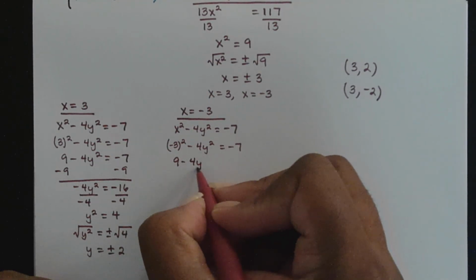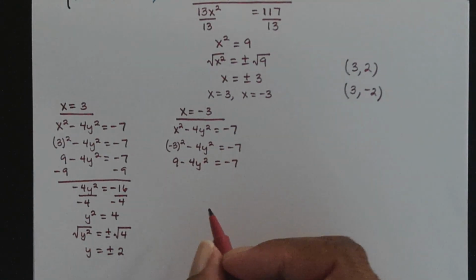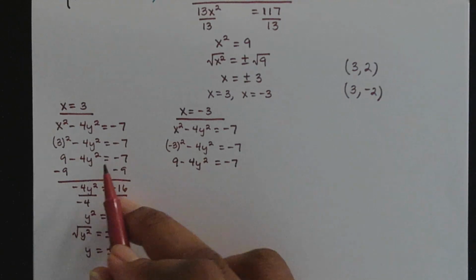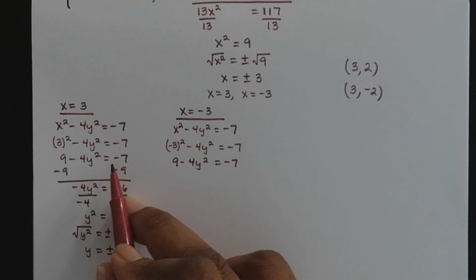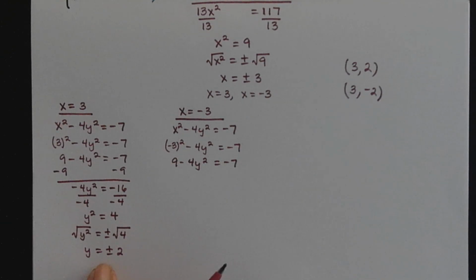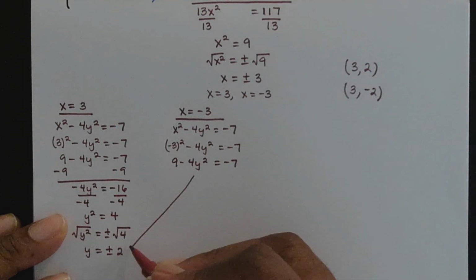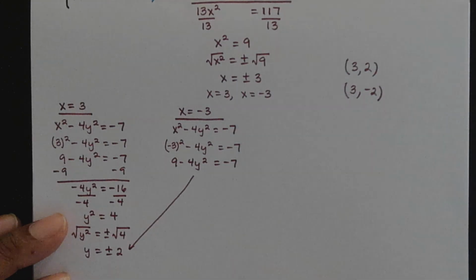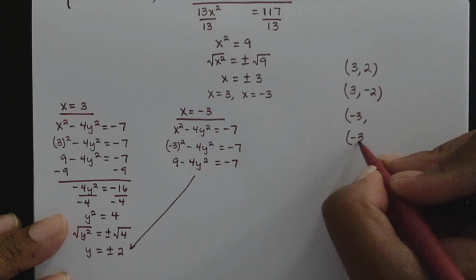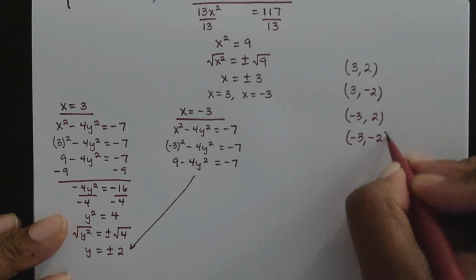So I have 9 minus 4y squared is equal to negative 7. And you know what? I can stop right here because notice I got the same thing here when I replace the x with 3. And I'm going to end up getting plus or minus 2 when I solve for y. So, for negative 3, my y values are going to be positive 2 and negative 2.